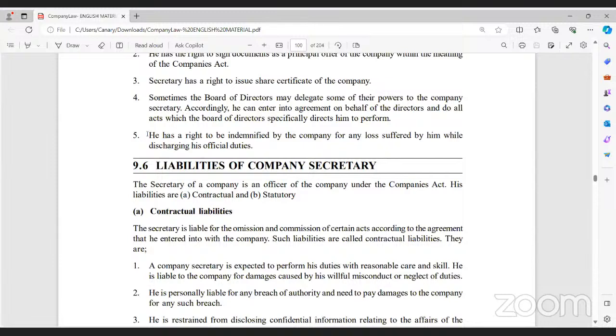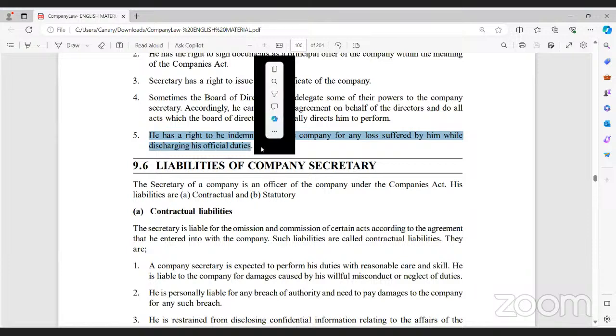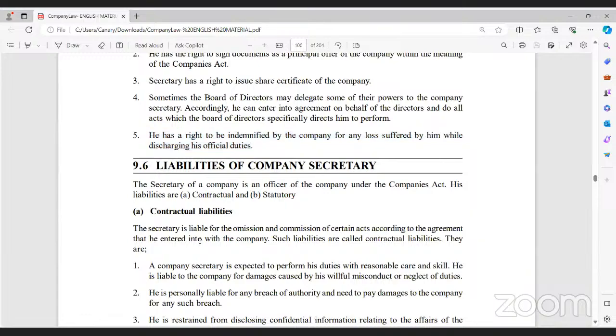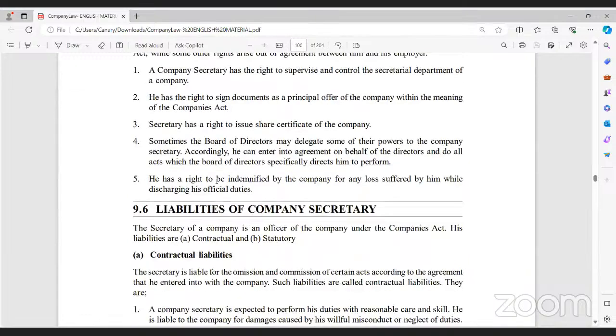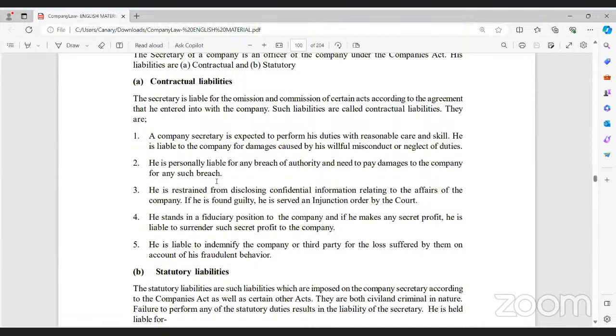So his rights are not only as a company secretary, he also has a right as an individual to sue the company for any injustice done to him. Indemnified means, while discharging his duties, if he suffers any loss, he has a right to collect it from the company. So only five rights and powers, easy to remember.